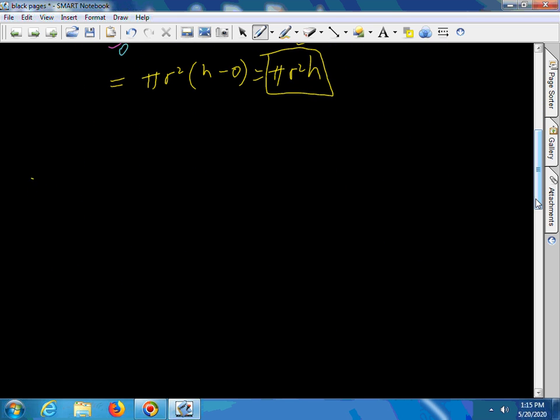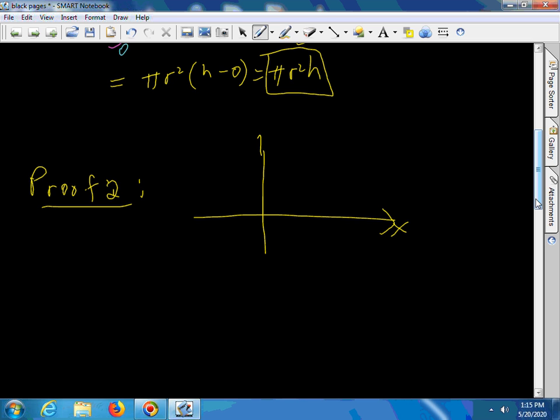Okay. Proof number 2. So, x and y. Suppose I have a circle there with some thickness.